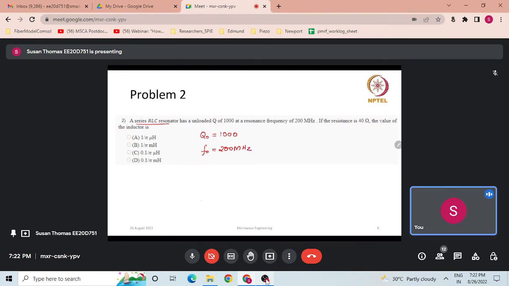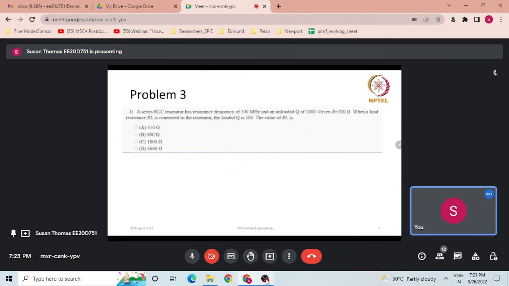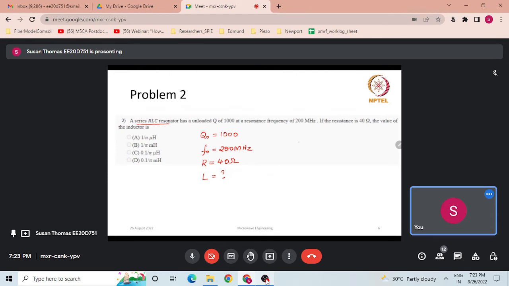If the resistance is 40 ohms, then what is the value of the inductor? The question can be solved based on the knowledge of the equation of the unloaded Q factor in the case of a series RLC resonator.